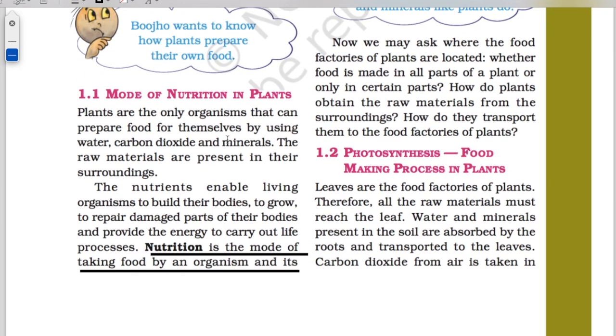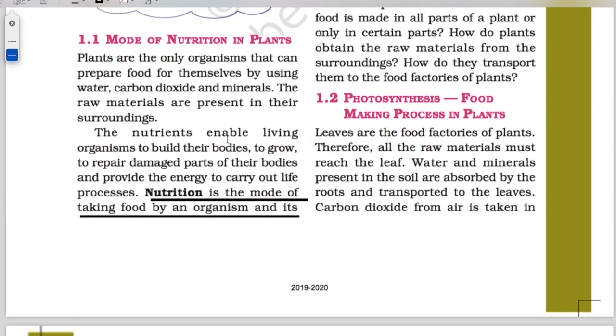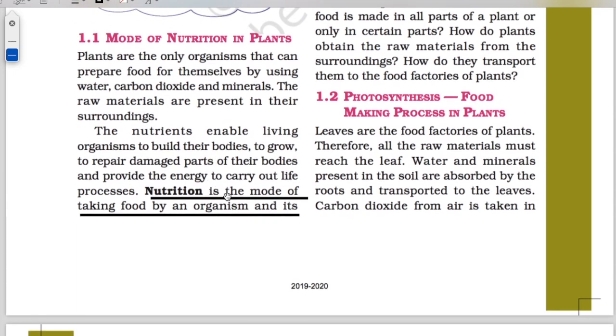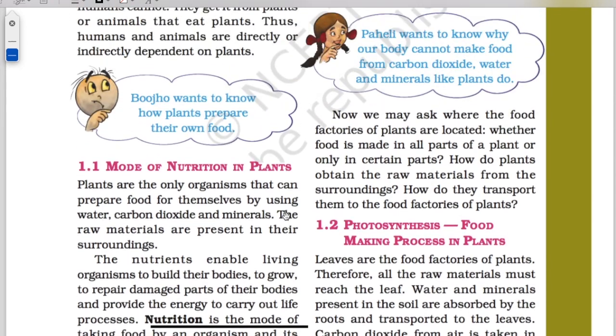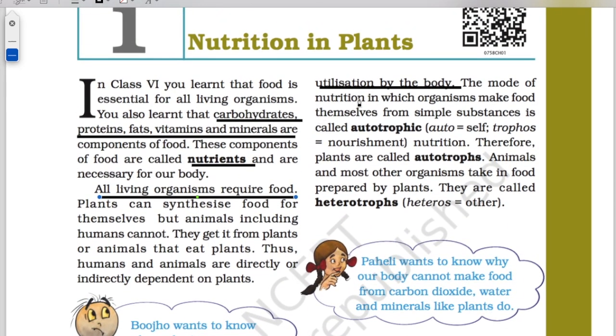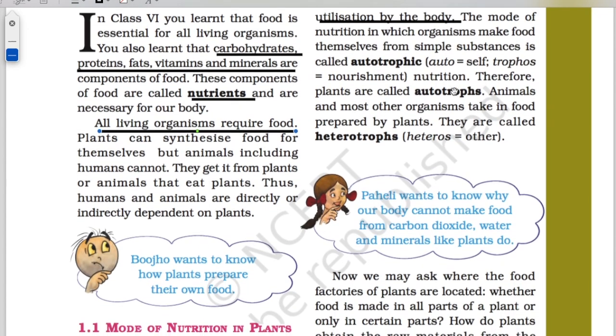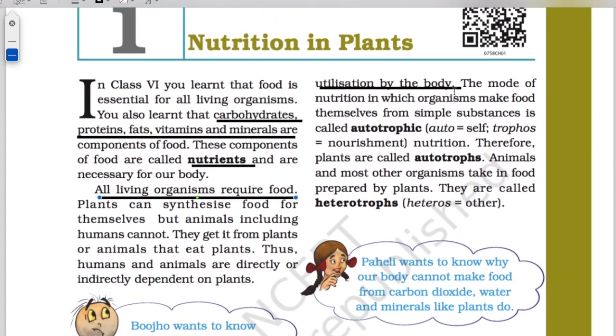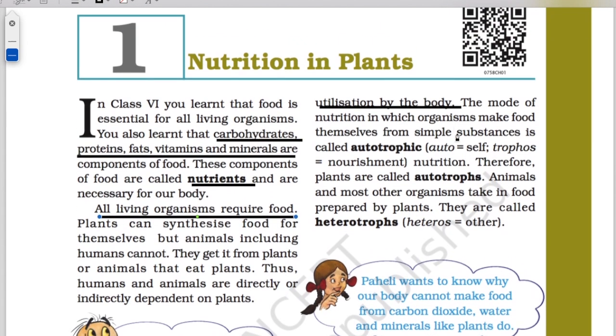As I have told you, nutrition is the mode of taking food by an organism and its utilization by the body. On the basis of nutrition, all the living organisms can be classified into two categories.